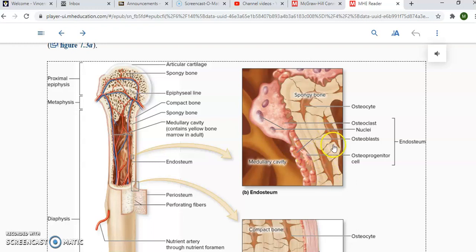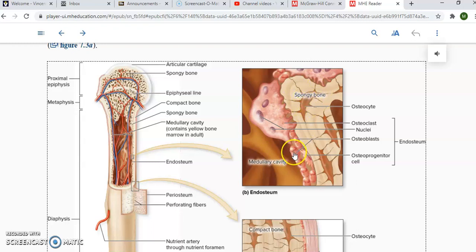It starts to look like these cells. Here it started out as the osteoid, and then the calcium and other minerals from the blood came in and deposited along the collagen fibers, and we got this really hard material around the cell, called a matrix.